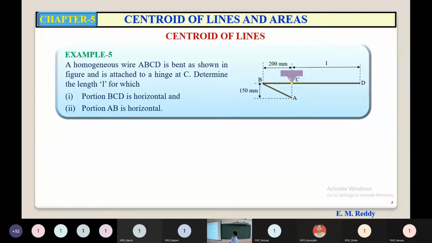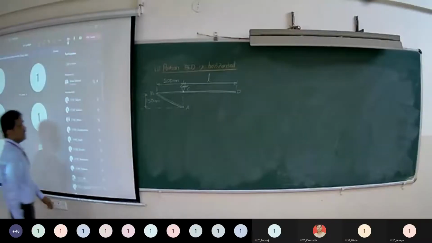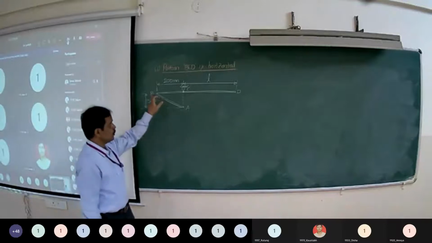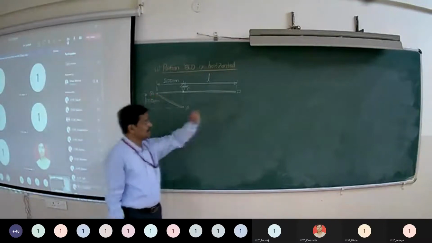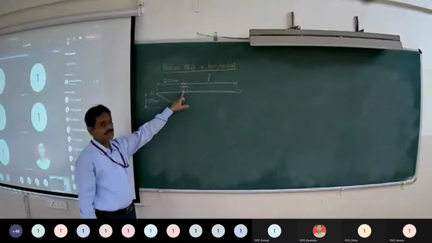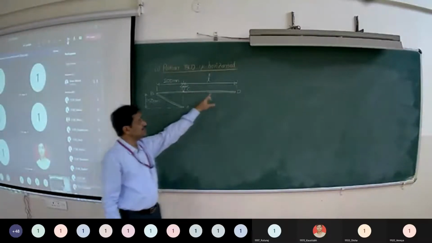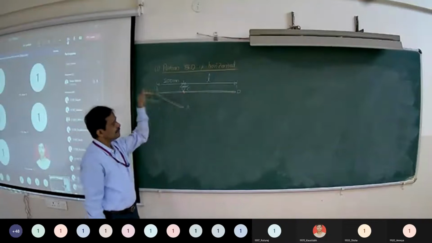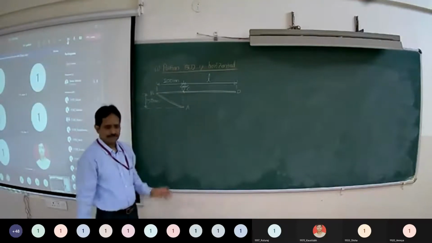Part 1, portion BCD is horizontal, and part 2, portion AB is horizontal. So the first part, portion BCD is horizontal. It is suspended from point C. So you have to find out the length of portion CD for which portion BCD is horizontal.